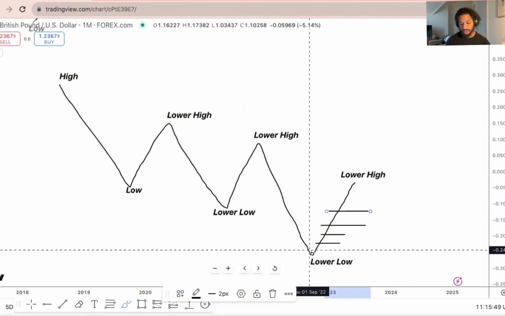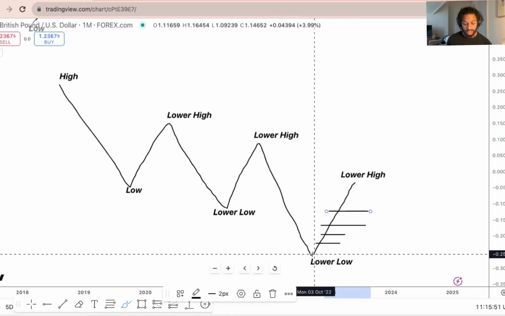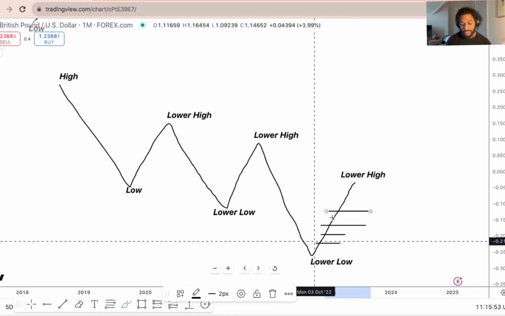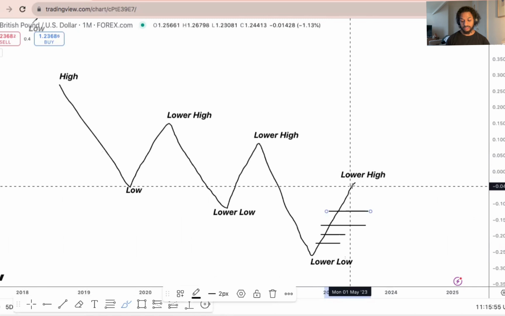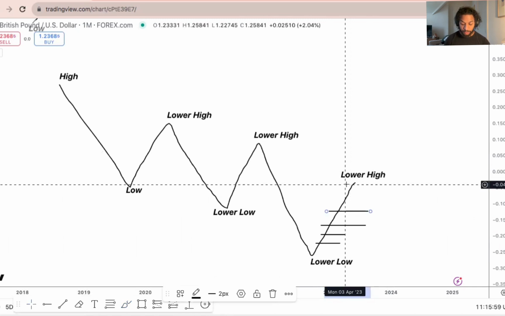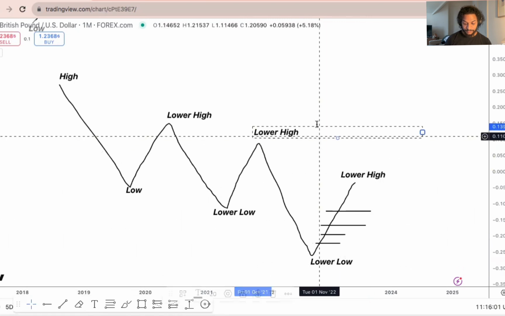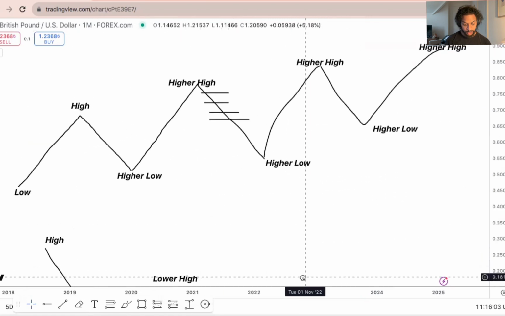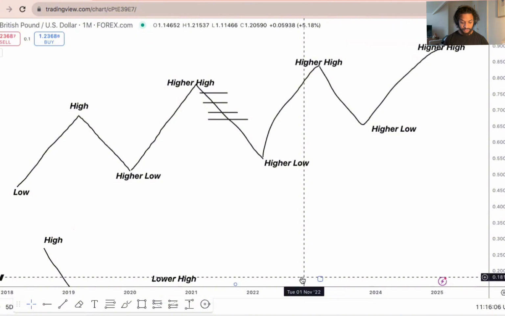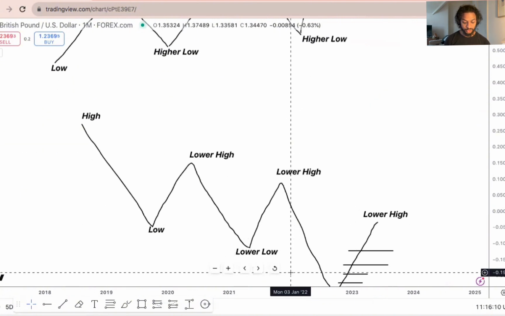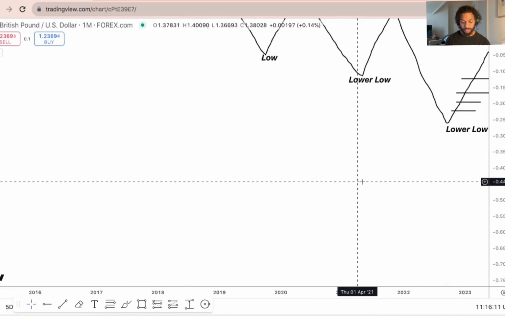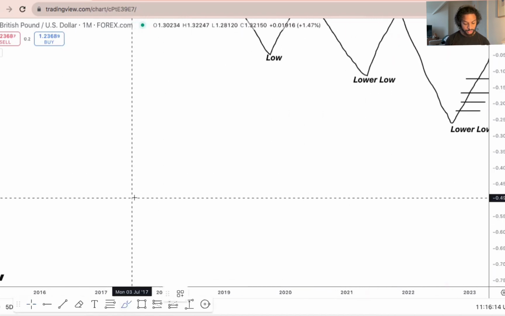You don't want to just be waiting for the move to continue the trend, because we don't know how long that's going to take. We don't know how long it's going to take to get a lower high made. Excuse me, that is what bullish price action should look like. Very, very key understanding for those trying to identify trends, because that's how you spot cycles and what you're actually expecting.